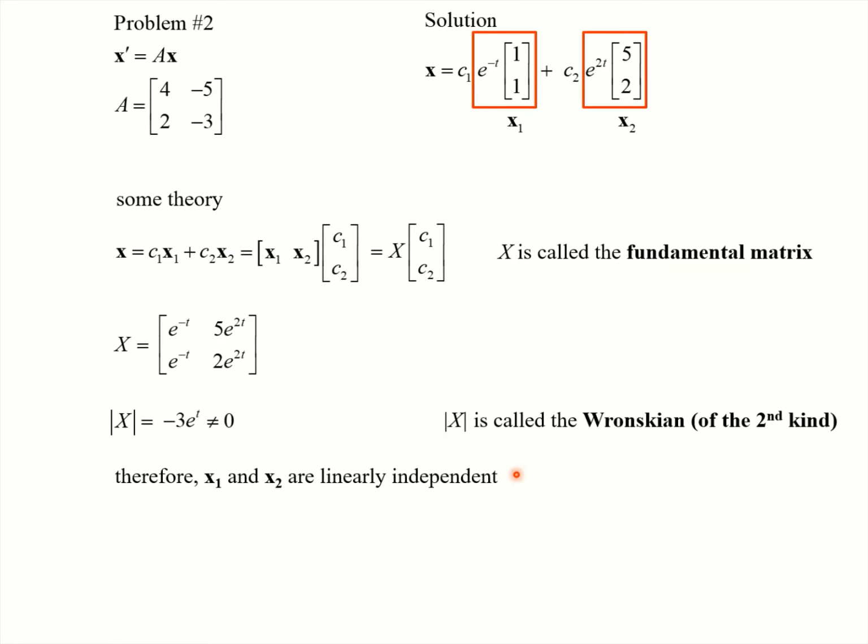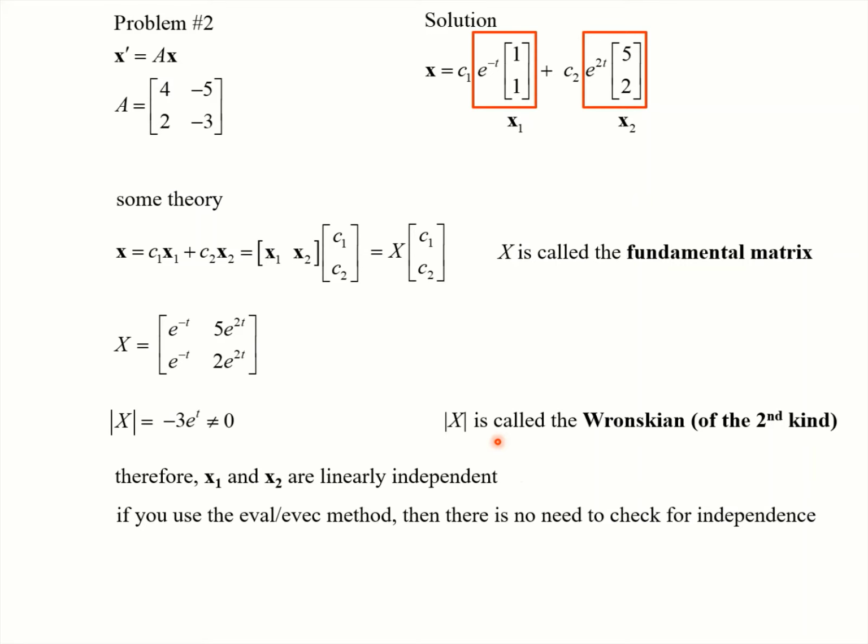You don't have to do this in 9.4. And here's the other part. If you use the eigenvalue eigenvector method that we just used to solve problem 2, then there's no need to check for independence. Okay, so that's great. You're probably wondering, well, why are you telling us about the Wronskian of the second kind?